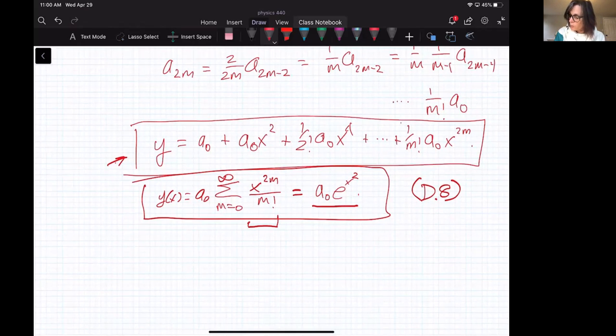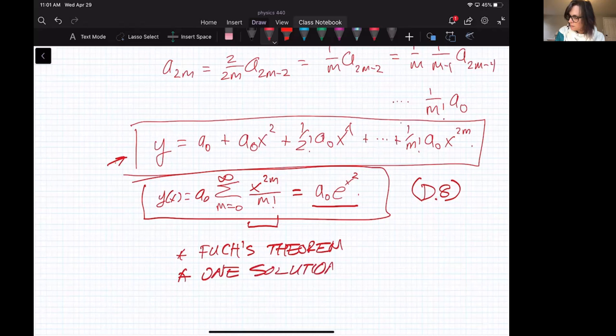But the really important point here is, one, Fuchs's theorem, right? And two, we've only found one solution, which means that there's another lying out there somewhere, at least for second order.